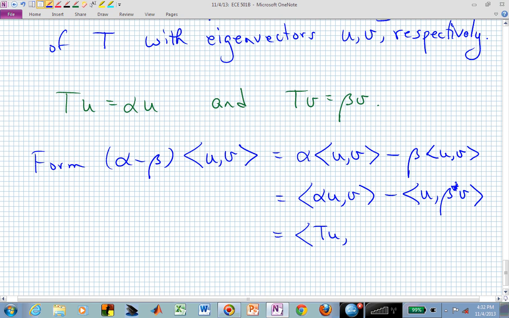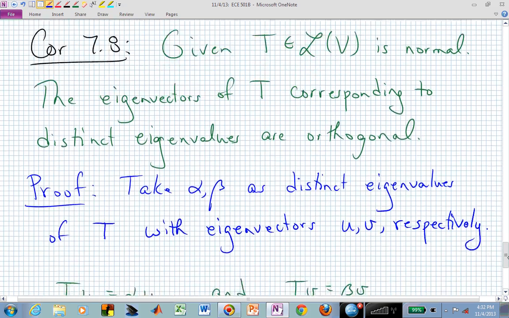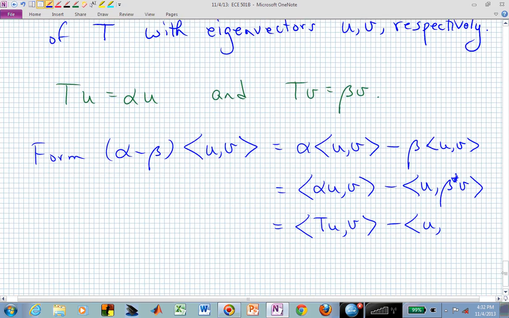That's Tu, inner product with v, minus the inner product of u with beta star v. And what did we say T was? T was normal. So now if we have the conjugate of an eigenvalue, we know that's the adjoint operating on that vector v.